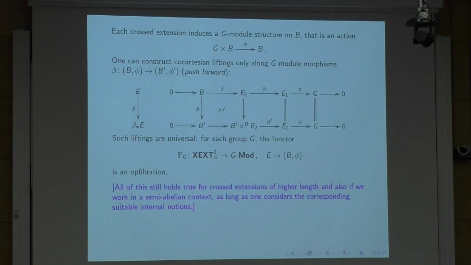Just a note, we can do again the same for crossed extensions of any length, and maybe more important, we can work in a suitable semi-abelian context. Of course, you have to consider the suitable internal notion if you want to work in this intrinsic context of semi-abelian case.